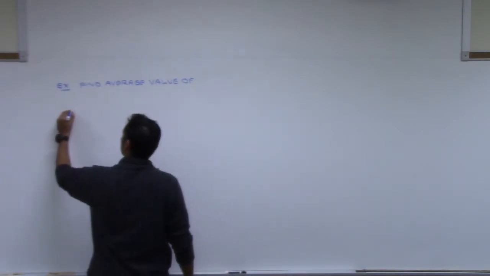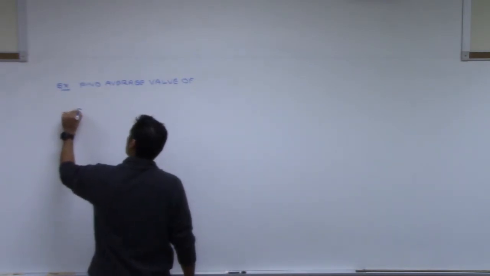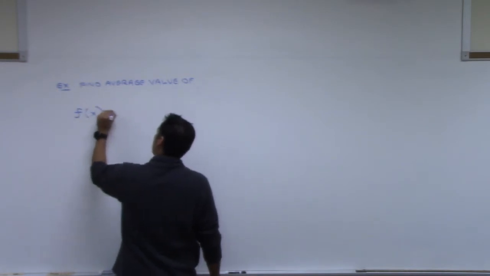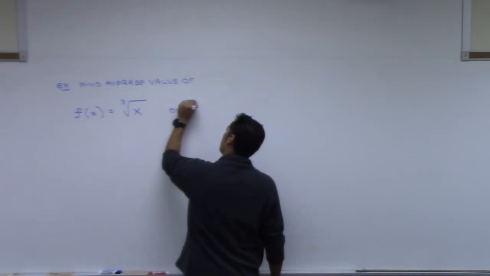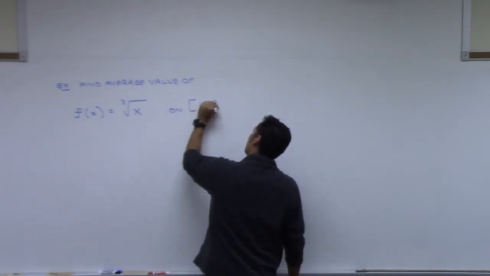Okay, how about find the average value of, let's go back to f of x. F of x is the cube root of x on the interval 1 to 8.